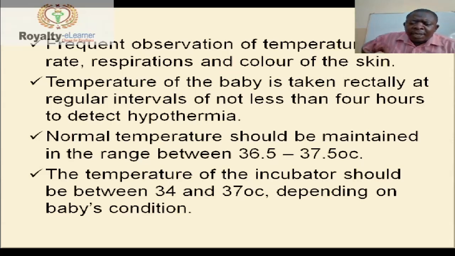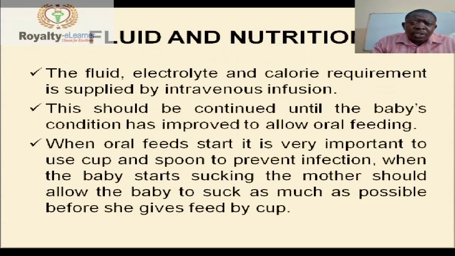Normal temperature should be maintained in the normal range, that is between 36.5 and 37.5, and the temperature of the incubator should be between 34 and 37, or that of normal body temperature, depending on the baby's condition. Now let's look at fluid and nutrition.